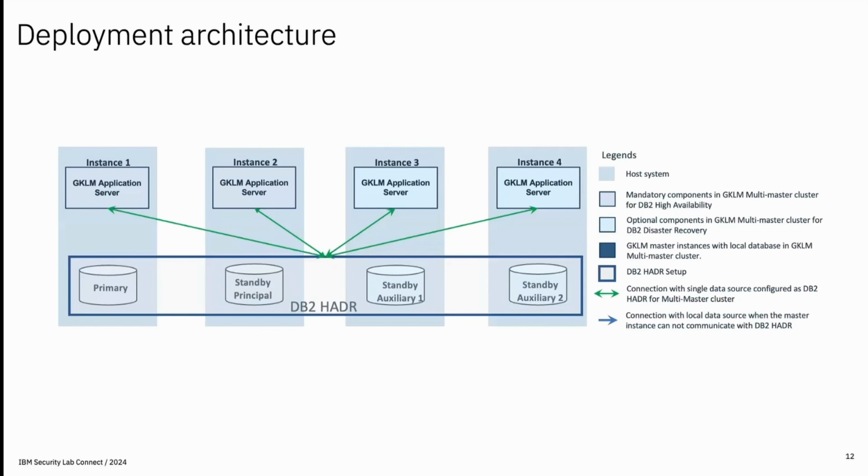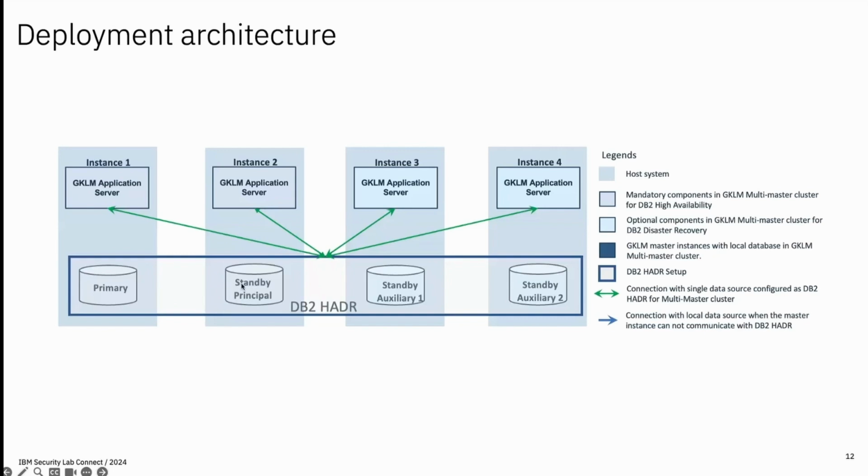HADR protects against data loss by transmitting data changes from a source database called primary to a target database called standby. DB2 HADR supports 3 standby databases in your multi-master setup. One standby for high availability and other 2 standby for disaster recovery.